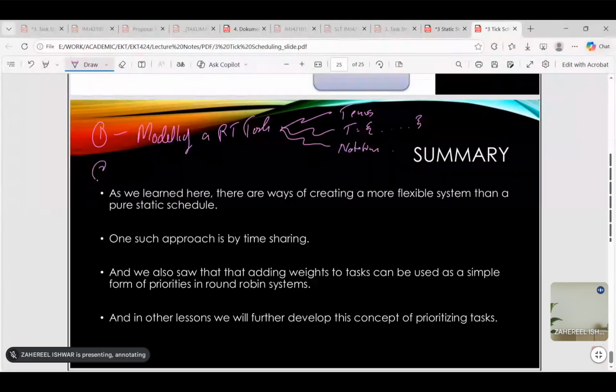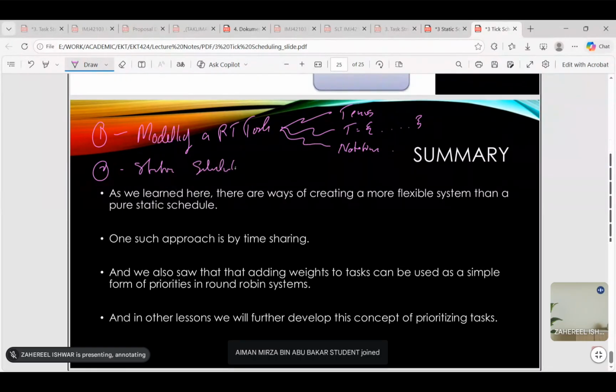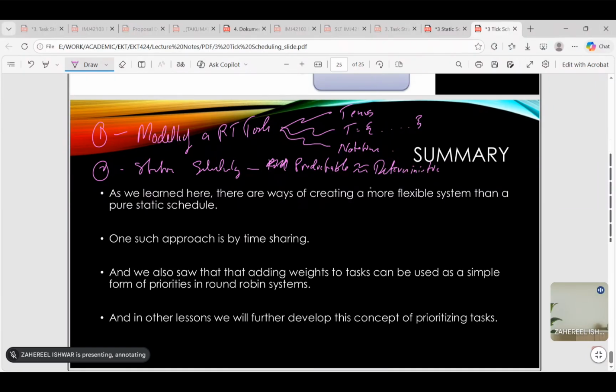And then we talk about static scheduling, which is very predictable. Another word for it is deterministic, which means the same. A real-time system has to be very deterministic.